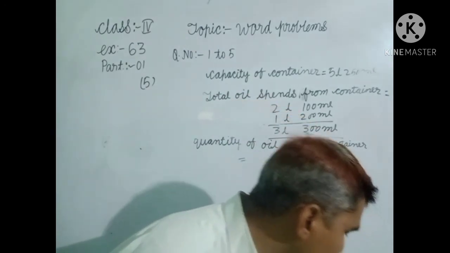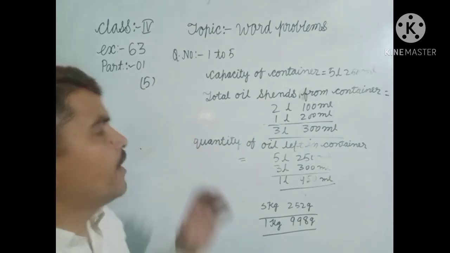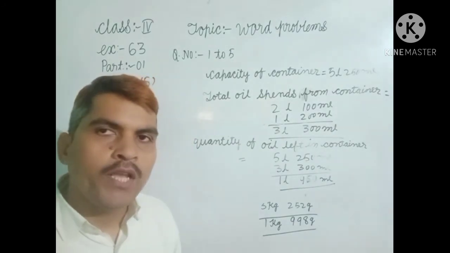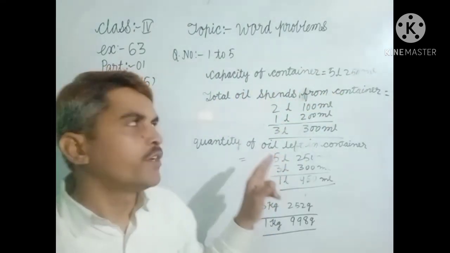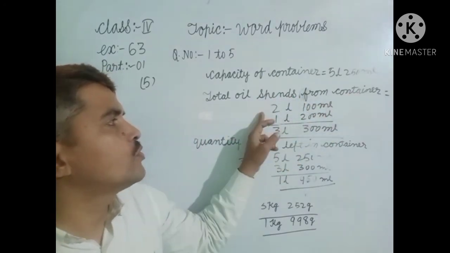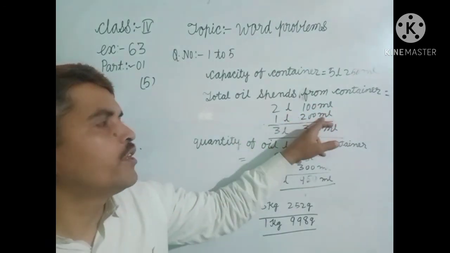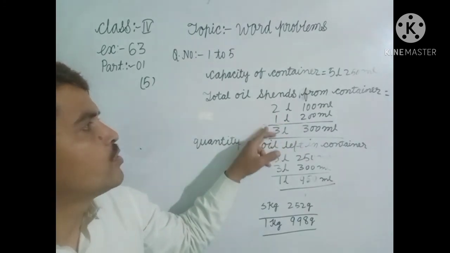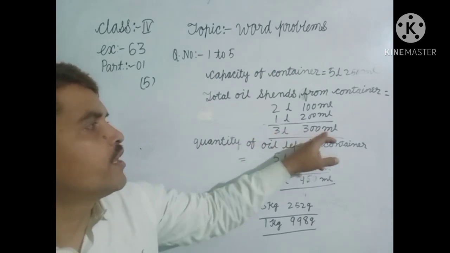Dear students, in this video, the last question, repeat again. The capacity of a container, that means in which oil is kept, is 5 liters 250 milliliters. Total oil spent from the container: 2 liters 100 milliliters taken by a man, and 1 liter 200 milliliters spilled, so total oil spent from the container is 3 liters 300 milliliters.